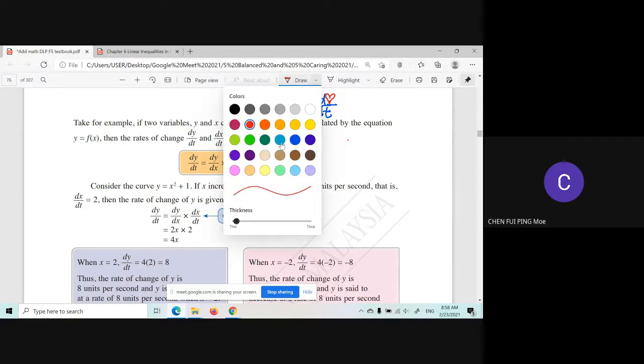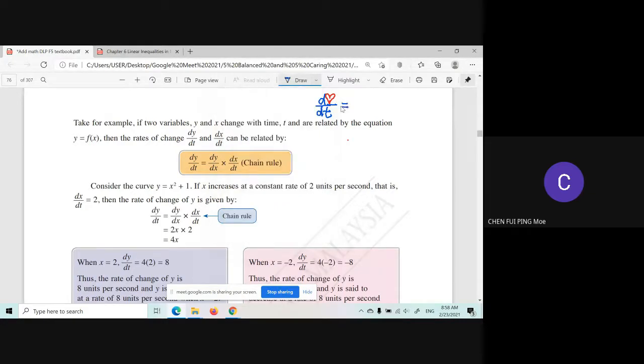So what is the answer? Eddie, does your love increase or decrease? Decrease. If it decreases, you will have a negative value. If it increases, you will have a positive value.